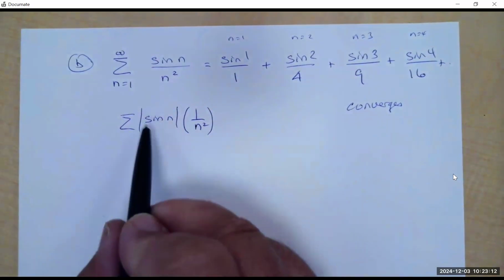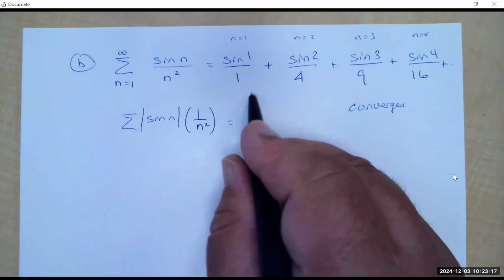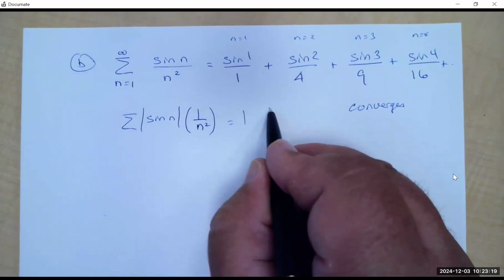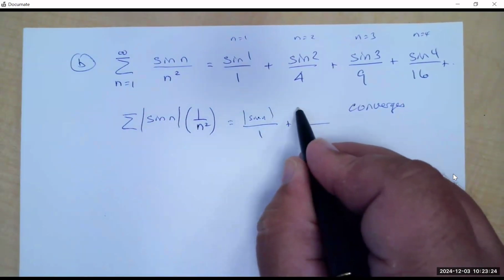So if I take the absolute value of sine n, each of these values will remain positive.